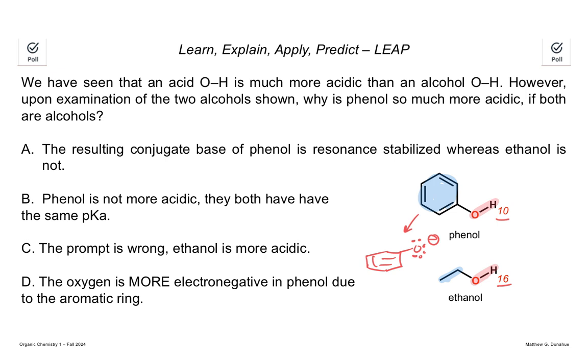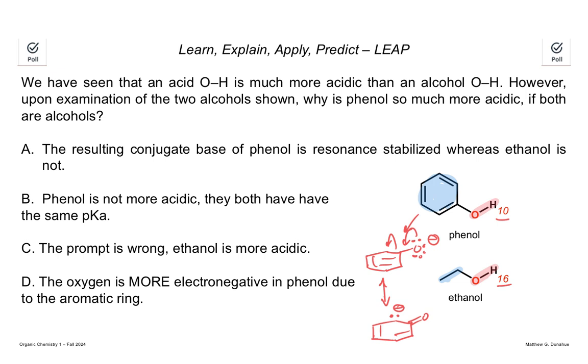The other carbon atoms in that ring can bear some of that negative charge, so the oxygen's not as unhappy. And here again is a resonance arrow. You can draw a couple more resonance forms for that. I'll let you do that in your notes.